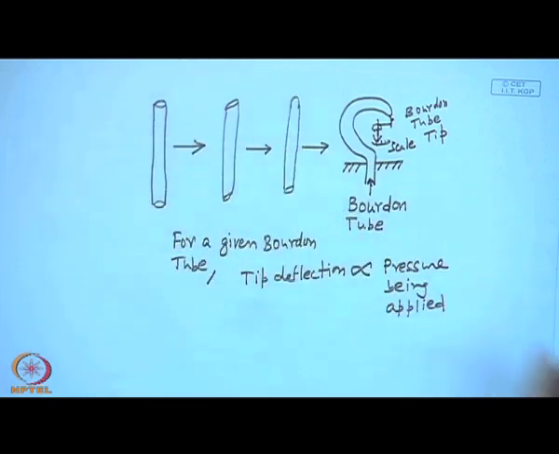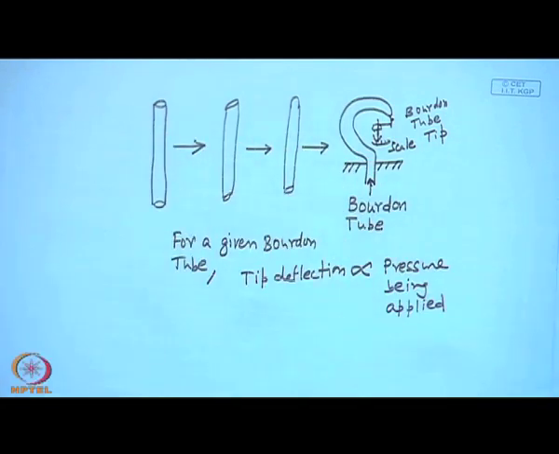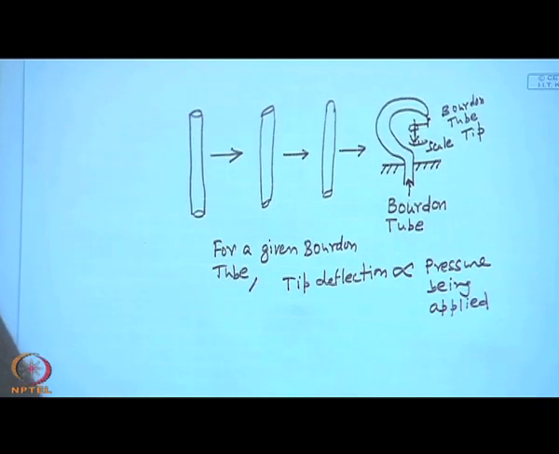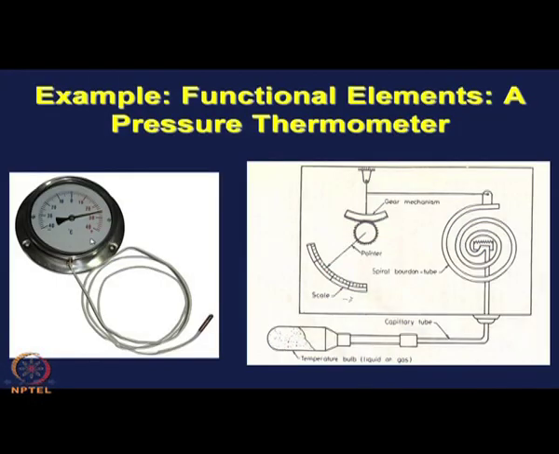Now, let us come to our previous example to analyze how we can break down this pressure thermometer into its various functional elements. So, this is the bulb of the pressure thermometer. Next, a capillary tube which is connected to a Bourdon tube, which is not bent in the form of a C, but it is a spiral Bourdon tube.